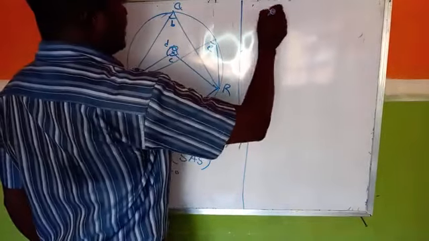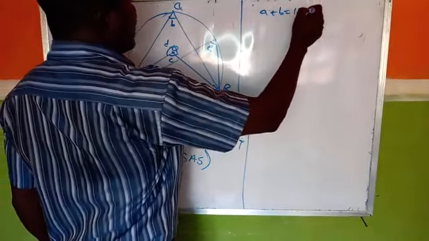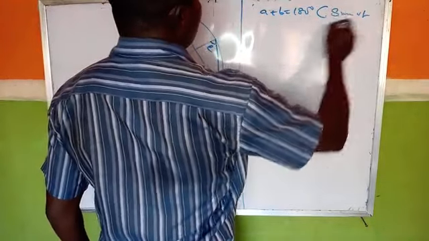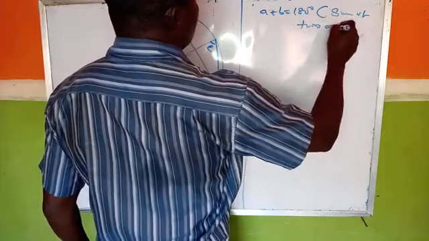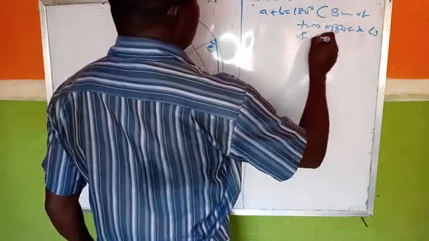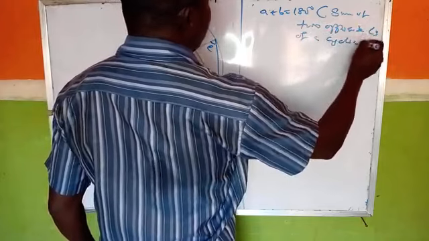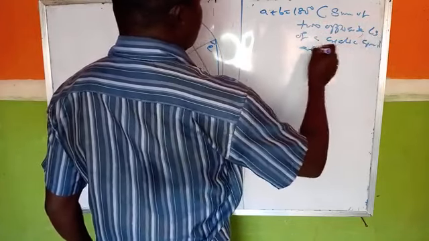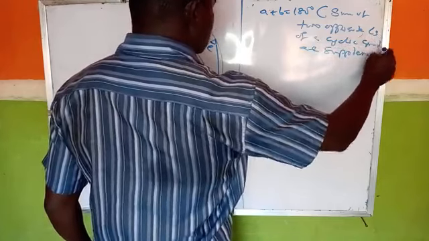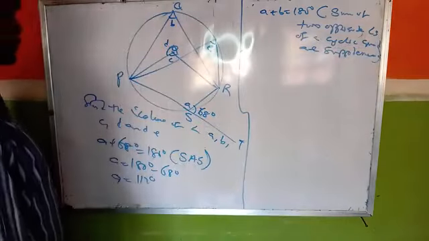You can say that A plus B equals 180 degrees. So you say that the sum of two opposite angles of a cyclic quadrilateral are supplementary.